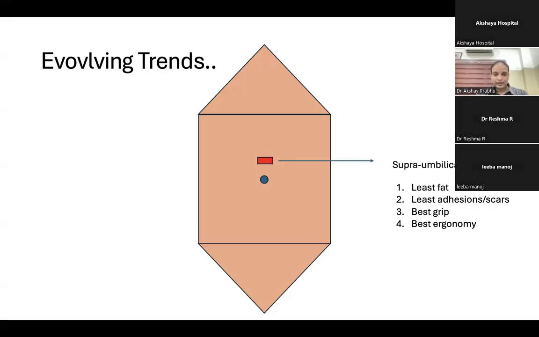Finally, coming to what I'm doing now as a standard for every case, be it a 16-year-old girl, an unmarried lady, cosmetically viable, elderly, menopausal, whatever it is: supraumbilical is the standard site for central port insertion for me. In a normal case, it is 2 fingers above the umbilicus. If the upper margin of the mass, be it the uterus, the fibroid, or the cyst, is above the umbilicus, the dictum is that I go 4 fingers above the upper border of the mass.